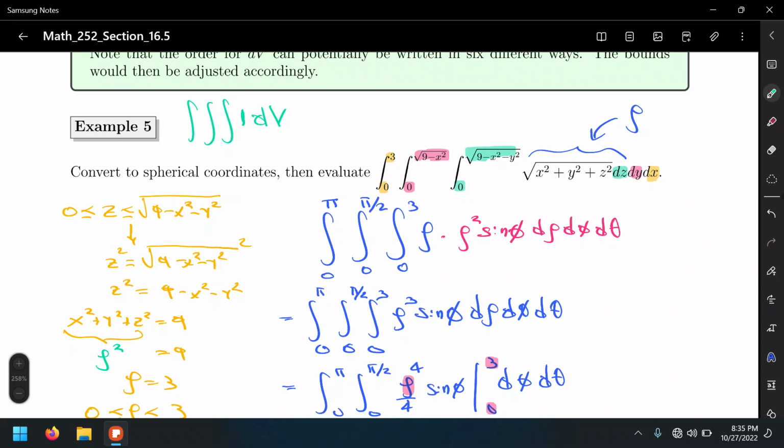However, when the triple integral has some f of x, y, z, or in cylindrical or spherical coordinates, dv, the integral represents the volume, and that function represents the density function.